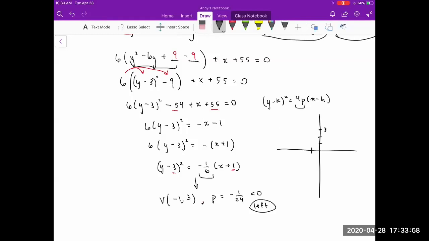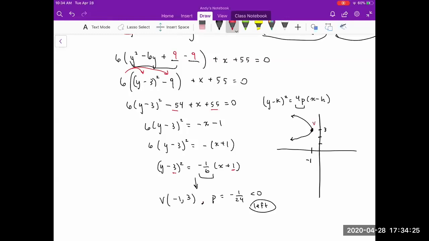All right, so the vertex is negative 1 comma 3. We're facing in the negative direction, so it's like this. P is negative 1 over 24. So we're going to actually move to the left. So we're going to subtract by that distance. So again, just so we're kind of clear on what's going on.